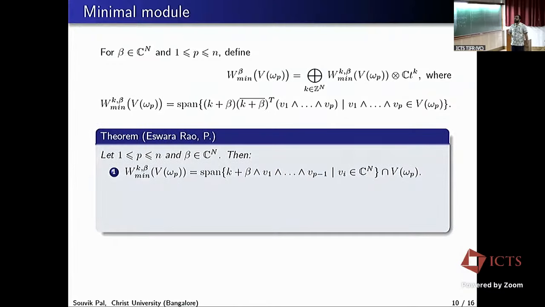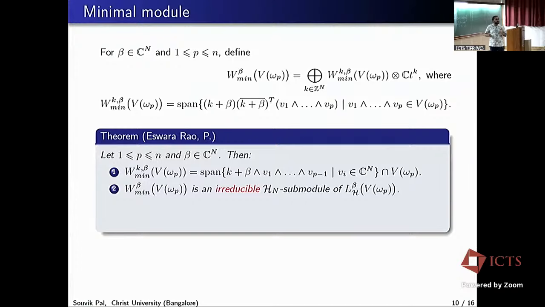So this is another realization, and it is very useful. What we do is take k plus beta, wedge it with all these things, P minus 1, and this need not lie in the fundamental representation, so we need to intersect with it. And it's an irreducible submodule.